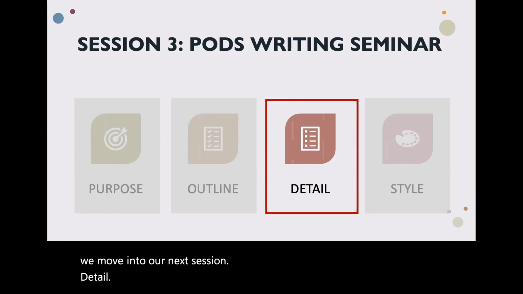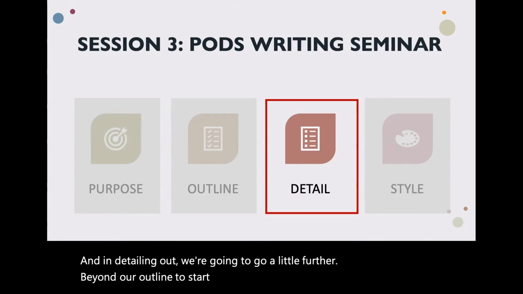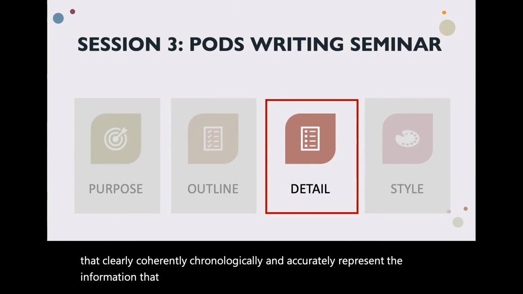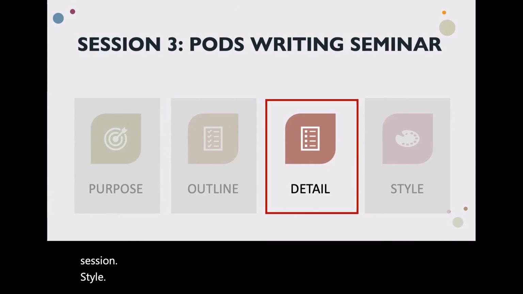And in detailing out, we're going to go a little further beyond our outline to start putting together paragraphs and structures that clearly, coherently, chronologically, and accurately represent the information that we've researched and begin to prepare for our final session, style.